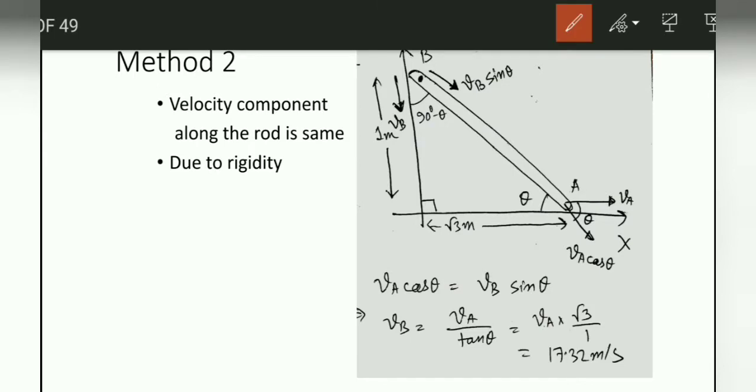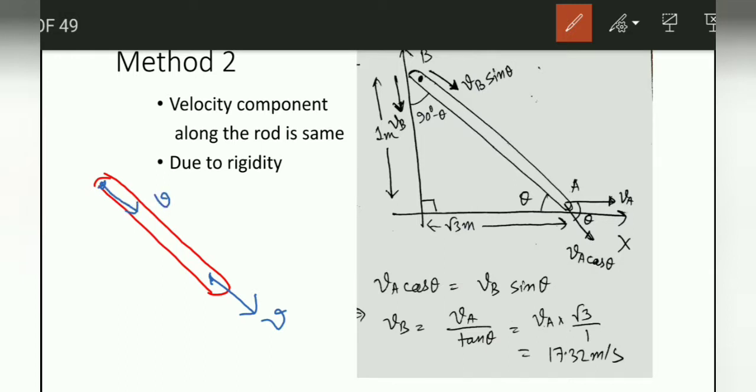In method 2, this is the rod. What we have used here is the property of the rigid body. If the velocity of one end of the rod is v, then the velocity of every other particle will be v in the same direction.